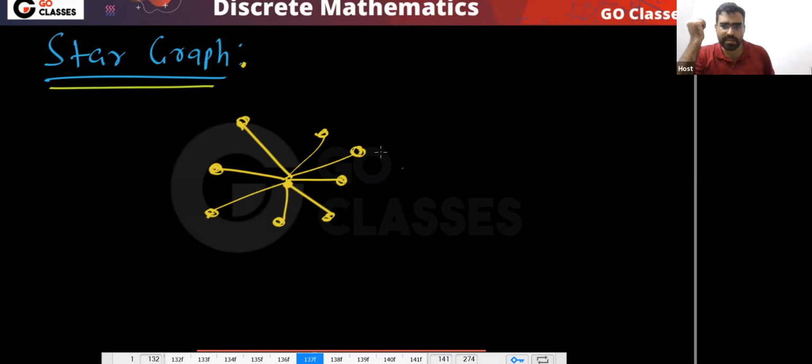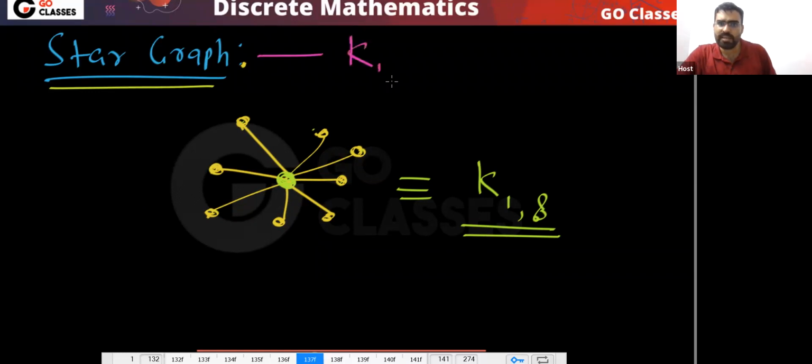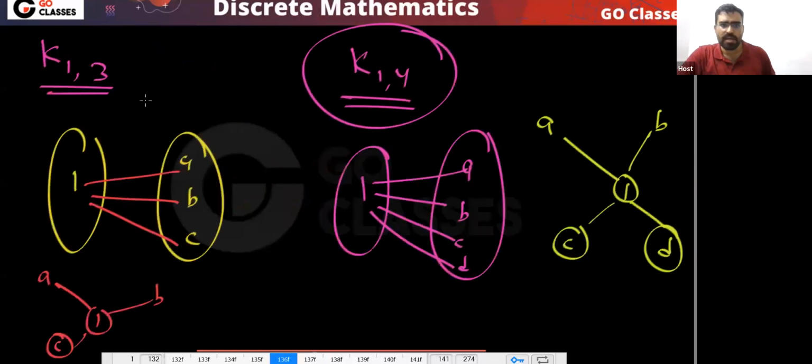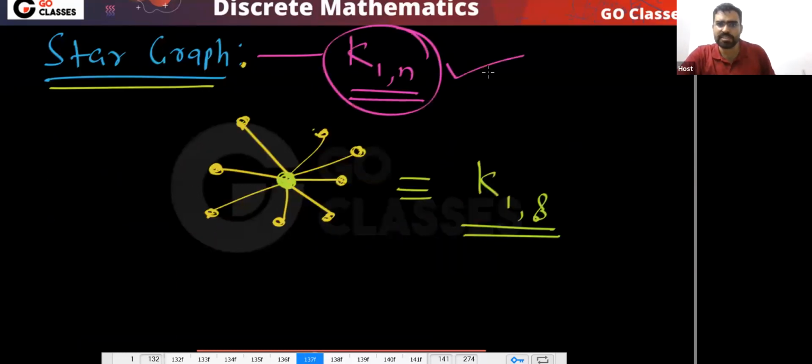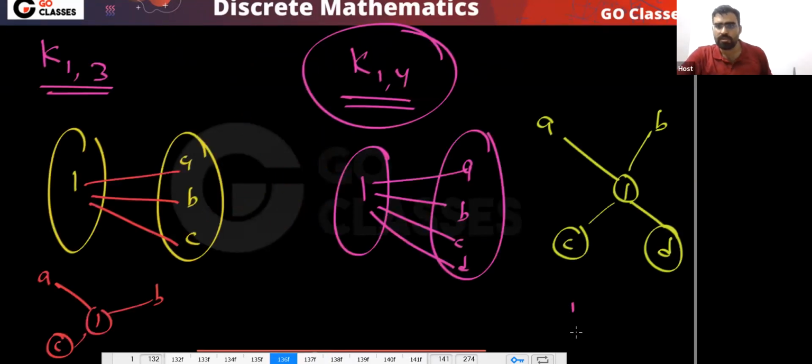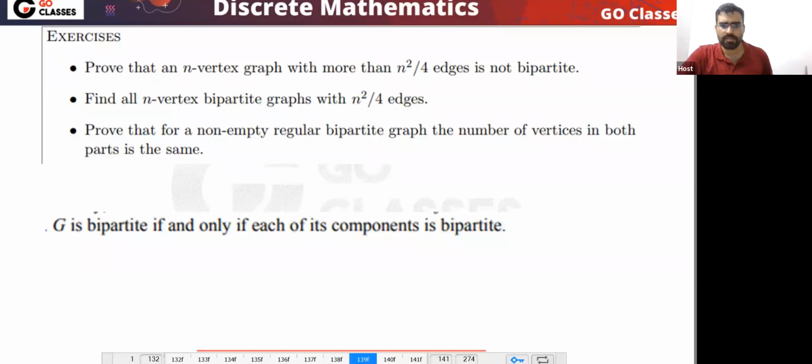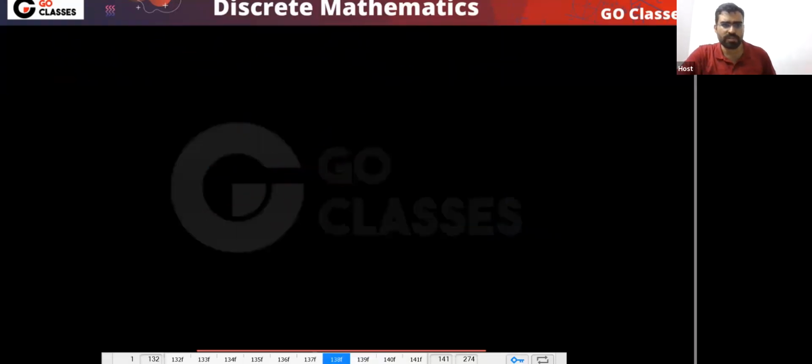This graph has 1, 2, 3, 4, 5, 6, 7, 8 leaves, so it is K1,8. So the star graph is basically K1,N. Remember this K1,N graph is a star graph. For example, this is your K1,8, and this graph is your K1,4. Very simple. So this is the concept of a star.